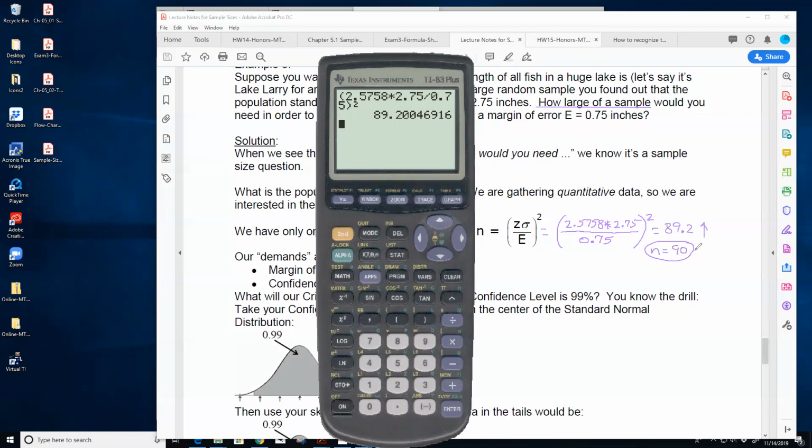Do you notice a difference in the size of our samples between the quantitative data versus that categorical data we were just working with? Do you notice how much smaller the quantitative data sample sizes are? Keep that in mind when you're actually doing an experiment and research in real life.